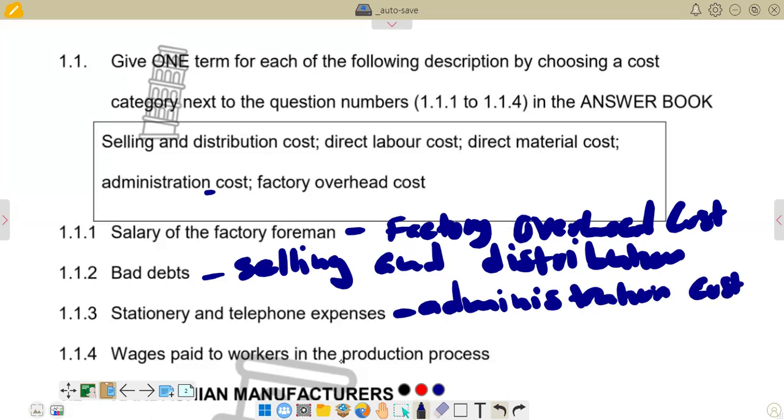Next is 1.1.4, which is wages paid to workers in the production process. Remember, this is a direct cost. So obviously it's going to be a direct labor cost, since it says payment of wages to workers.